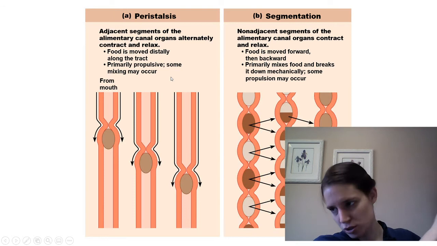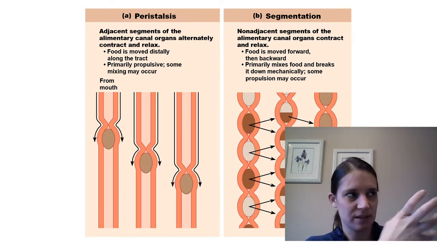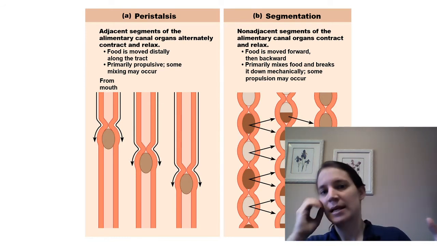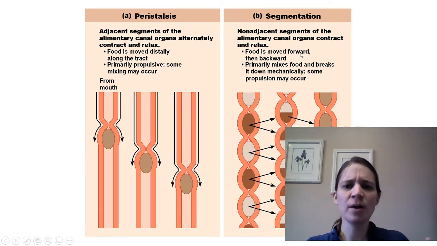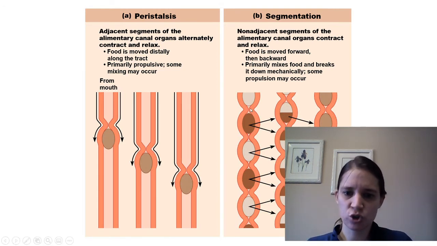With peristalsis the idea is that you're just propelling this food, this bolus, this material through. Segmentation, the idea is to mix stuff up, and what happens is it's got backwards and forwards motion, where you're going to contract, right?